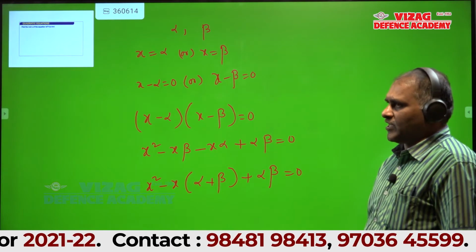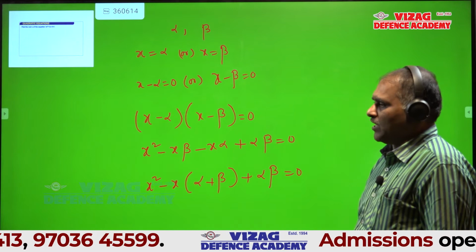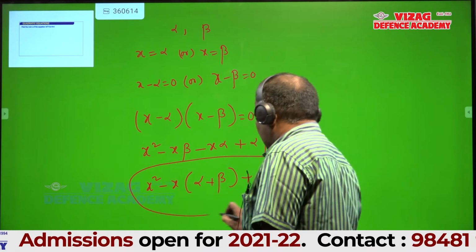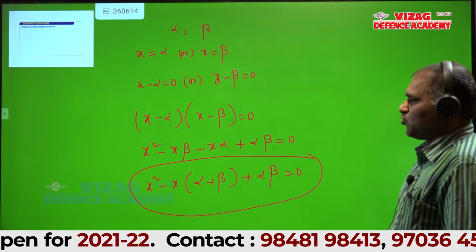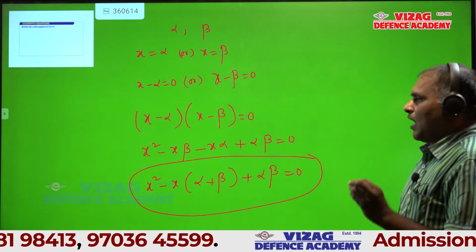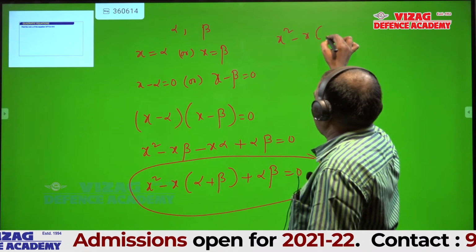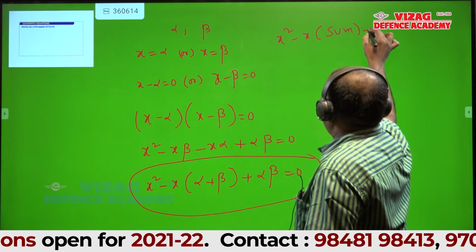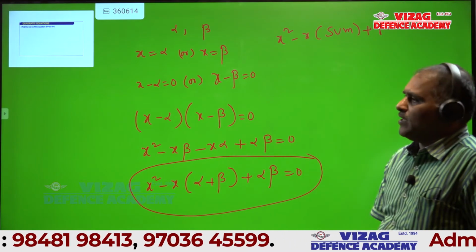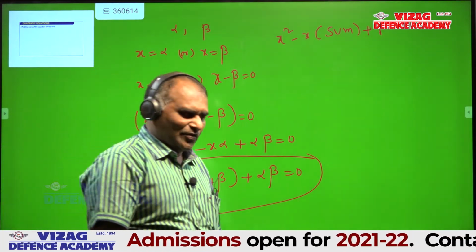So when the roots are alpha comma beta, the equation is x square minus x into alpha plus beta plus alpha beta. This is also written as x square minus x into the sum of the roots plus the product of the roots.